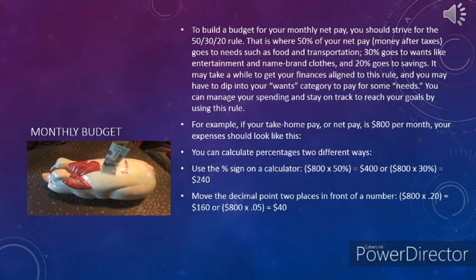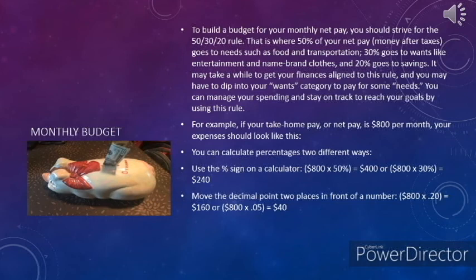Now we will look at an example of a budget plan. To build a budget for your monthly net pay, you should strive for the 50-30-20 rule. That is where 50% of your net pay, money after taxes, goes to needs such as food and transportation. 30% goes to wants like entertainment and name brand clothes, and 20% goes to savings.